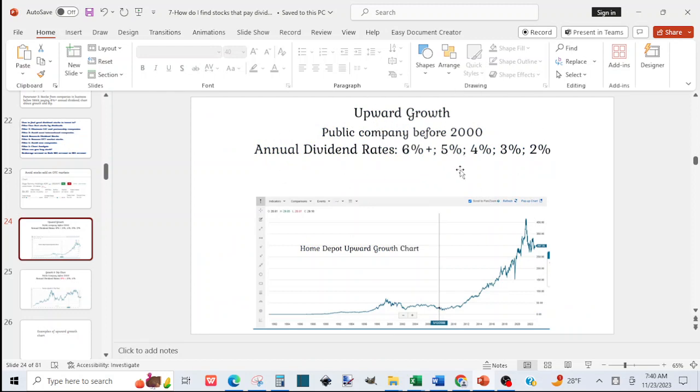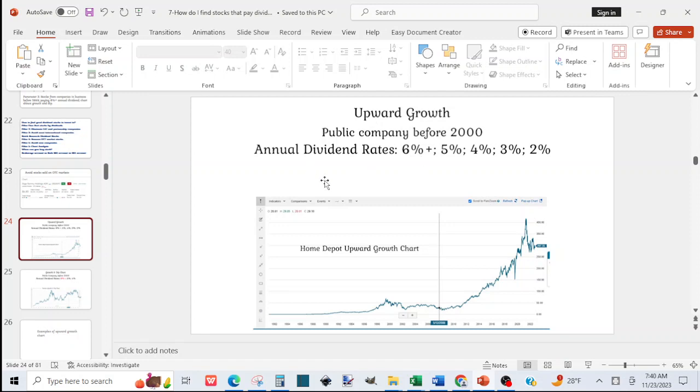So we have some criteria here, but you can work with yours as well. Pretty much what that means is a public company that went public before 2000 and pays an annual dividend. The minimum is 2%. So you filter, like you have things on your spreadsheet.